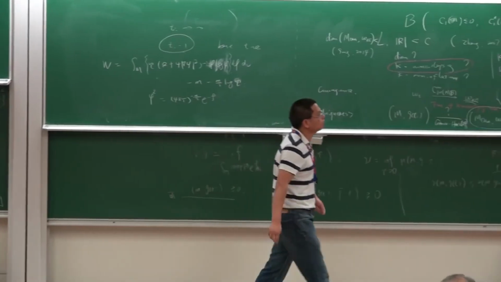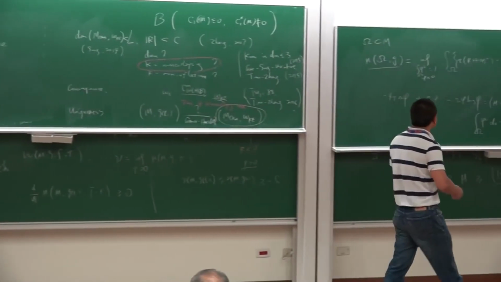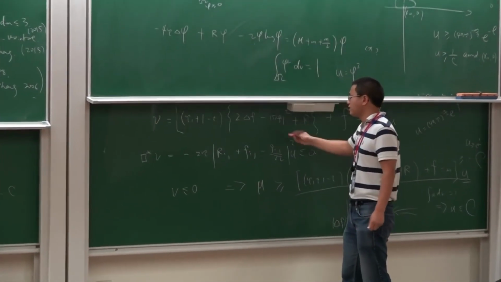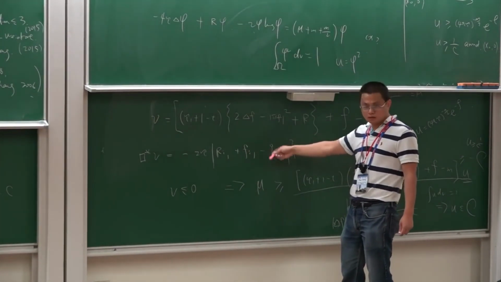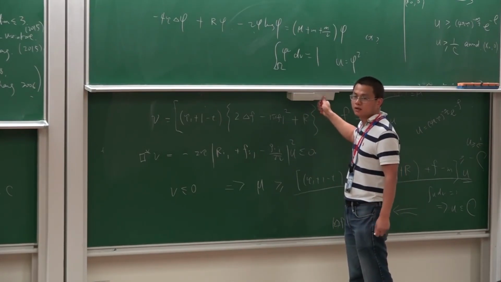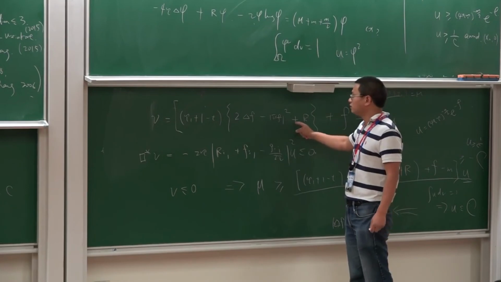So what's the technical difficulty? As I explained here, this is very formal. In order to make this analytically rigorous, we need a heat kernel estimate. I need a lot of estimates.